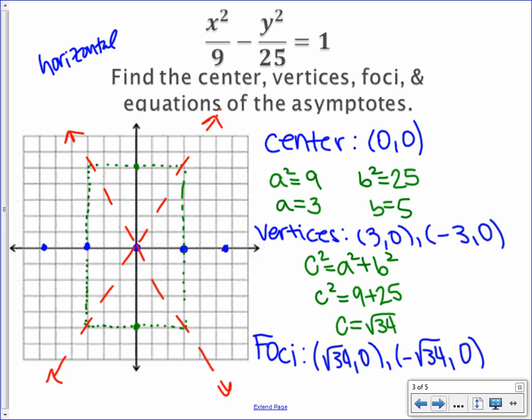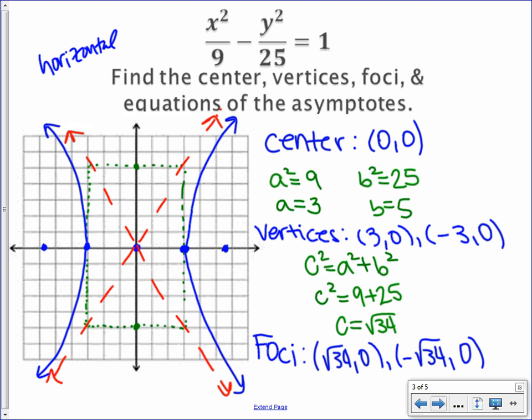And then let's go ahead and draw the curve since we're working on the graph. This is my vertex. We're going to draw our curve and it has to approach our asymptote. We just plot the foci. They just lie inside.